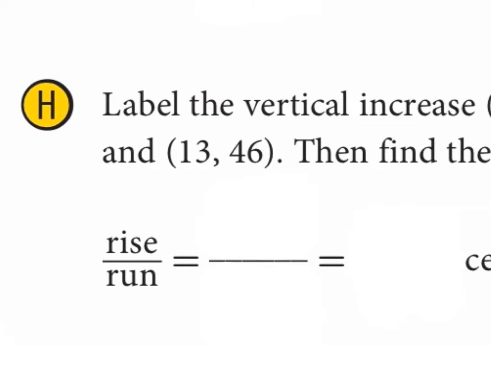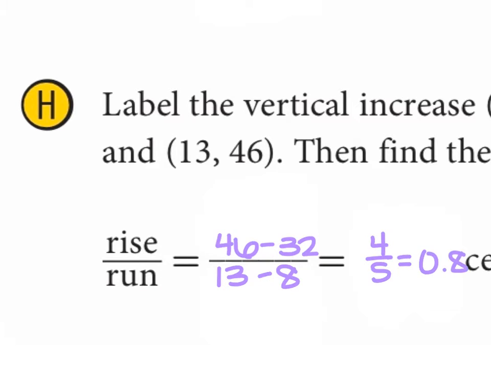So we're going to have 46 minus 42, and then 13 minus 8. You could do these the other way as well, where you have 42 minus 46 and 8 minus 13. Okay, so when we do this, we're going to get 4 over 5, which is also 0.8.